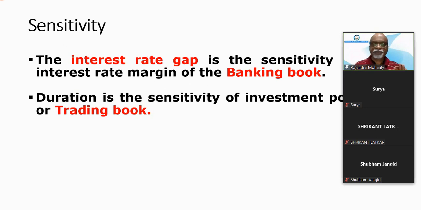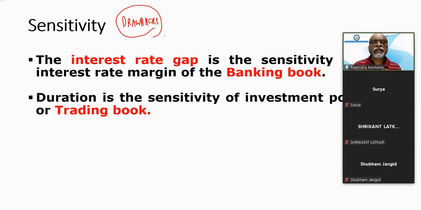Okay. Now, there are two major drawbacks of the sensitivity measure. Because of these drawbacks, the sensitivity measure may not give an accurate picture of your losses or risk potential.